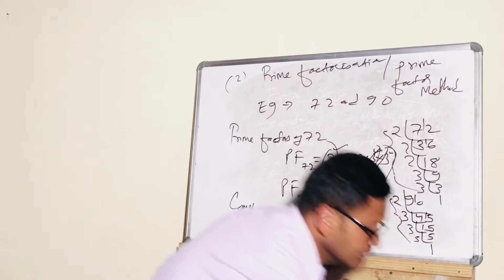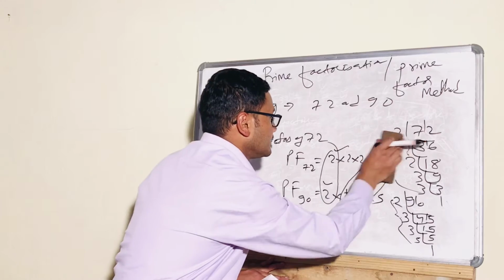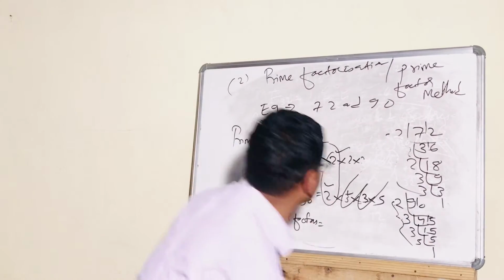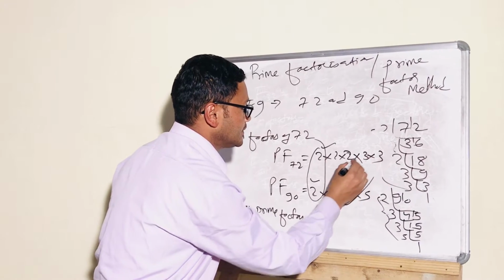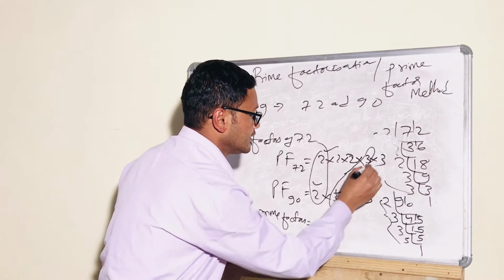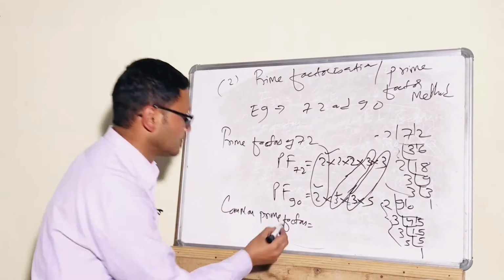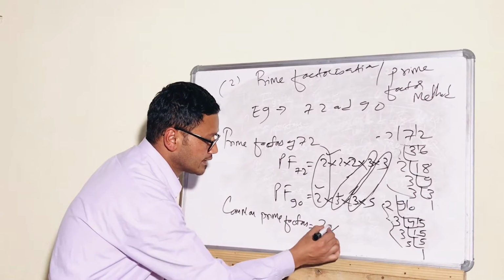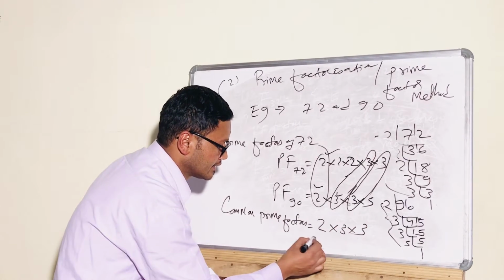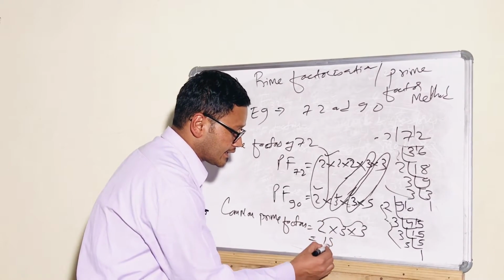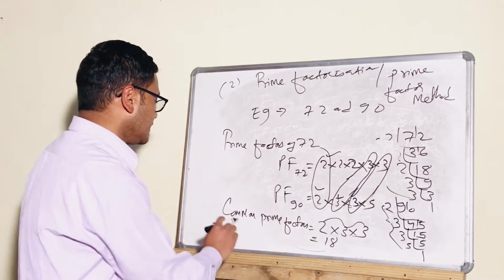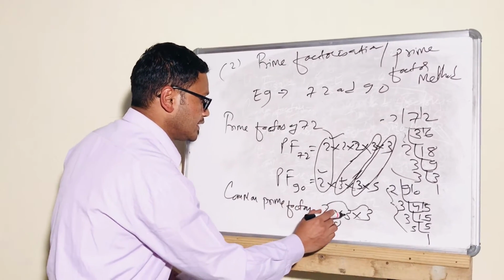That means this 3 and this 3. So the common prime factors are 2 into 3 into 3. Then we multiply: 2 3s are 6, 6 3s are 18.